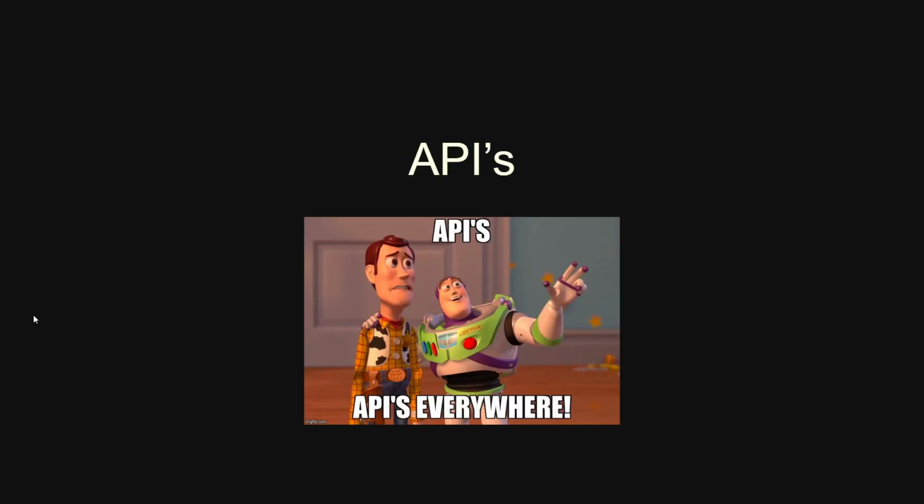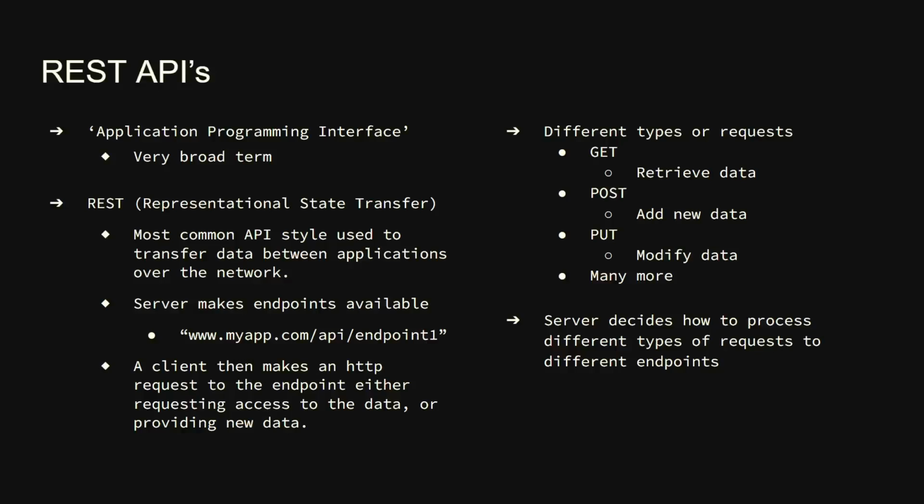Next topic I wanted to get to is APIs. So I guess we're going to slowly move back up the abstraction hierarchy here, zoom out a little bit. An API stands for Application Programming Interface, which is a really broad term. Specifically, what we're interested in is REST APIs.